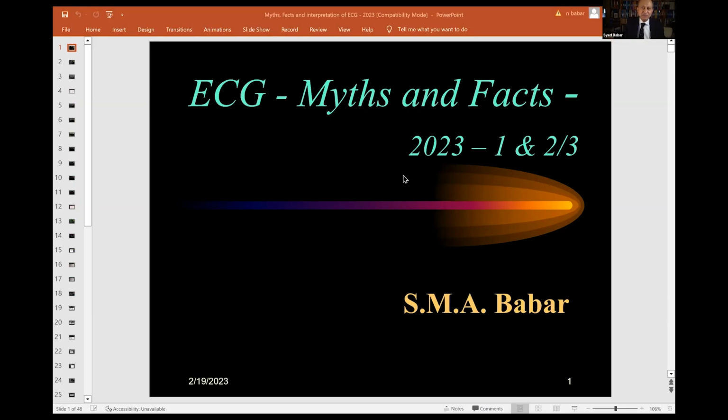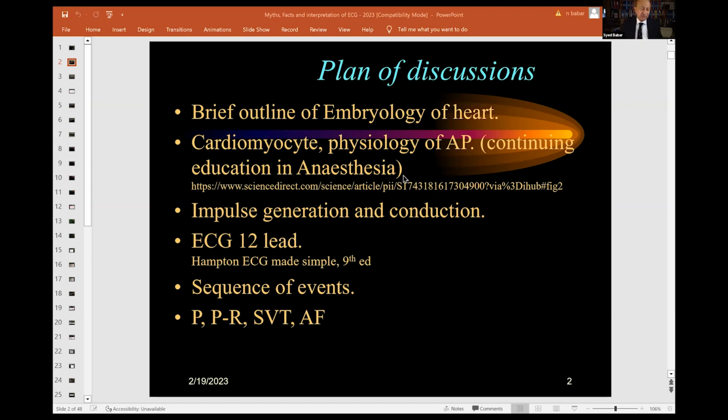So we go further with the ECG presentation, and I intend to describe briefly the anatomy and embryology, followed by the structure and format of the cardiomyocyte and the physiology of the action potential being produced and conducted along specialized fibers.